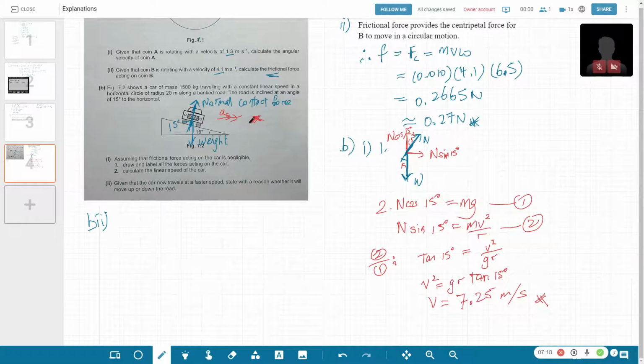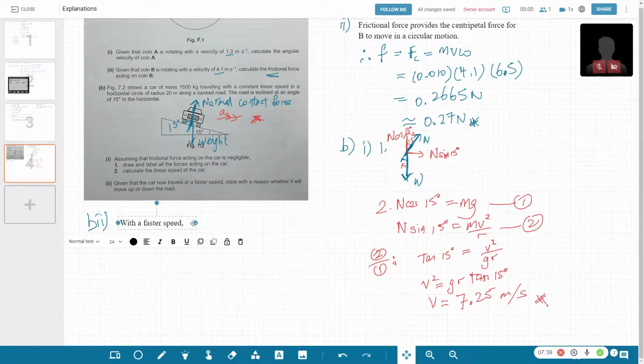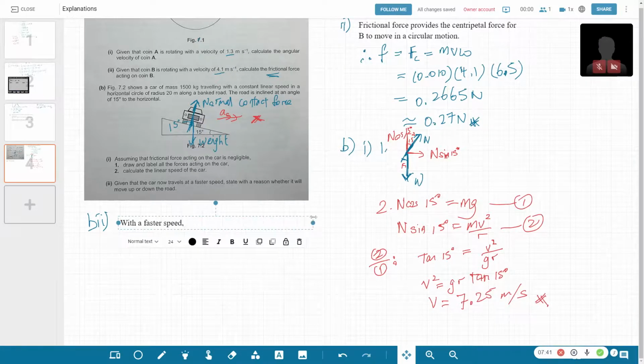Now with a faster speed, what will happen? The faster speed means that the centripetal force required is larger. So let me just type this out. With a faster speed, the centripetal force required is larger.